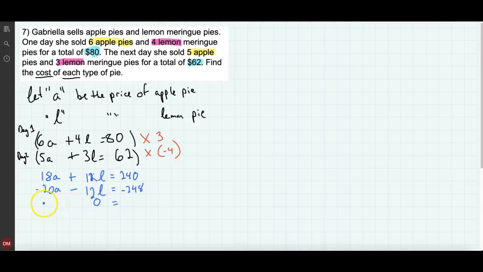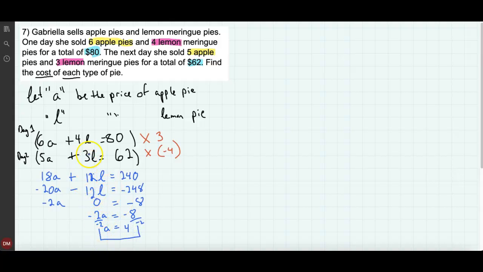That's what we wanted. So we have negative 2A equals negative 8. If I divide by negative 2, A is equal to 4. So the price of an apple pie is $4. That's the bulk of the work.